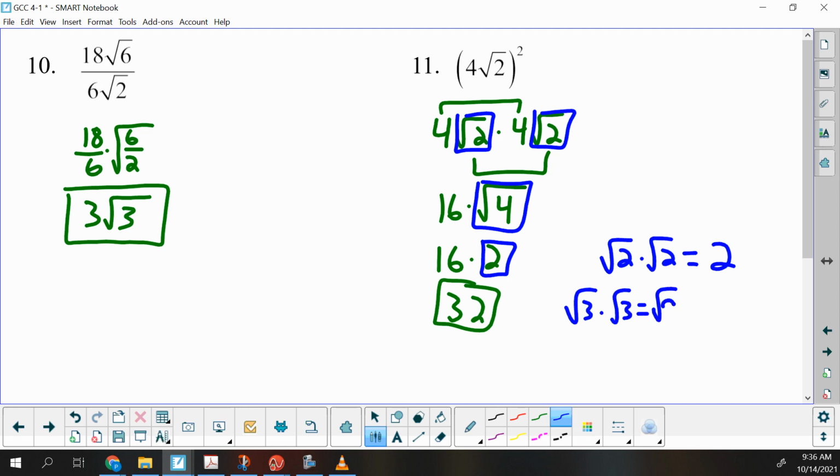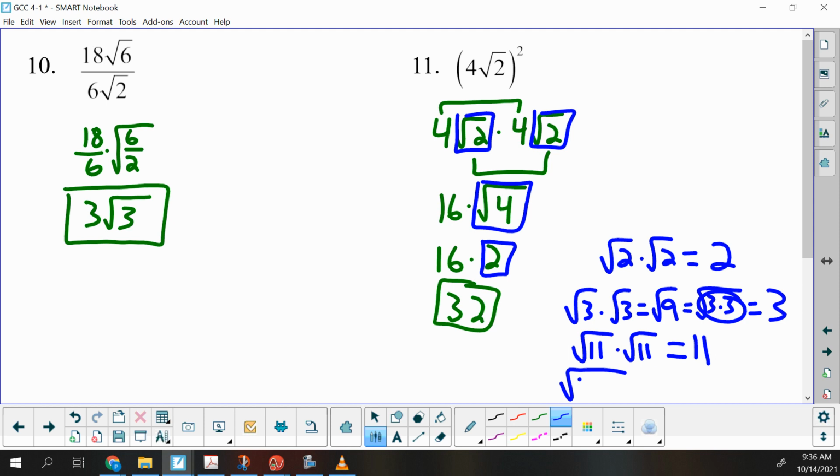That's square root of 9, which is square root of 3 times 3. So you have one pair, so the 3 would come out, so that's just 3. Well, let's say we had square root of 11 times square root of 11. Hopefully we can shortcut it now. If square root of 2 times square root of 2 is 2, and square root of 3 times square root of 3 is 3, square root of 11 times square root of 11 should just be 11.